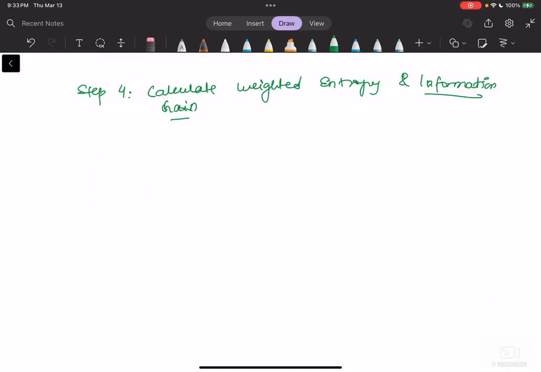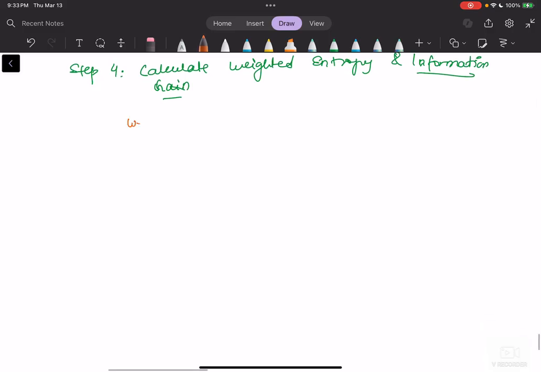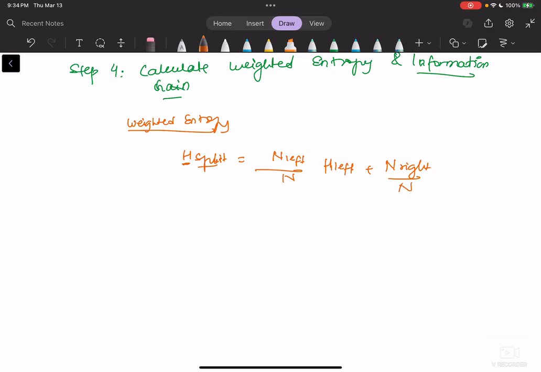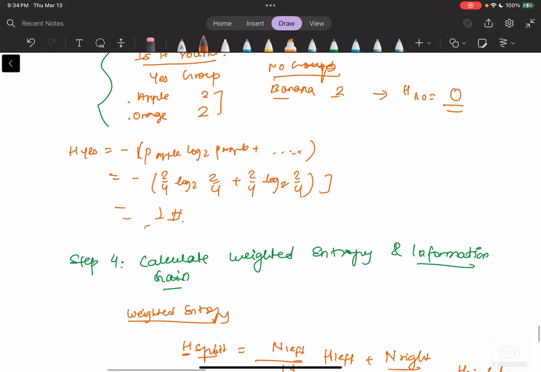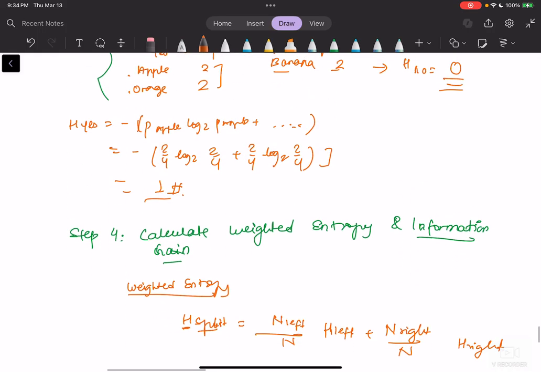The formula for weighted entropy is n left by n times H left plus n right by n times H right, where n left and n right are the number of samples in each group, and H left and H right are the entropies of those groups, like how we calculated the yes-no entropies.